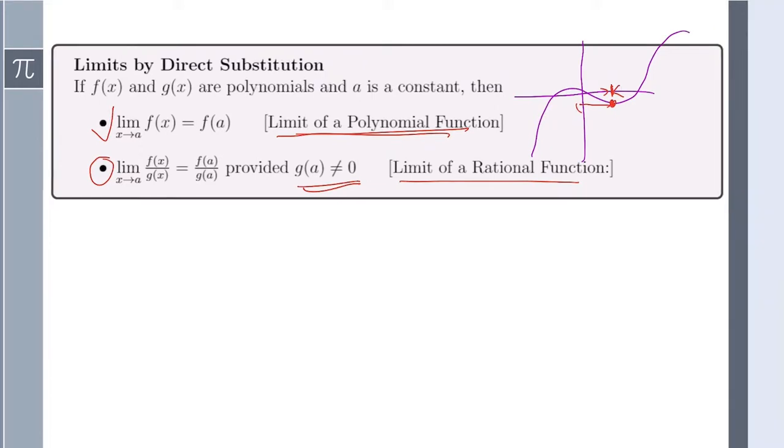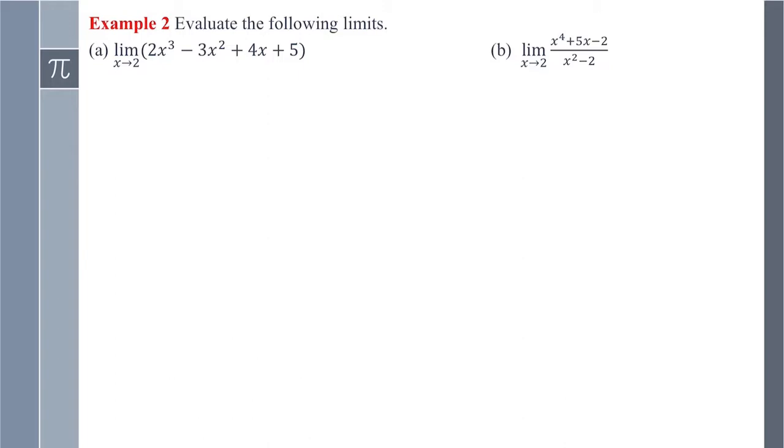So let's look at an example here. The first one is a polynomial function. As per the theorem that we just looked at, for a polynomial function, we can just do a direct substitution in order to evaluate the limit. So I'm going to do a direct substitution here. This equals 2 times 2 cubed minus 3 times 2 squared plus 4 times 2 plus 5.